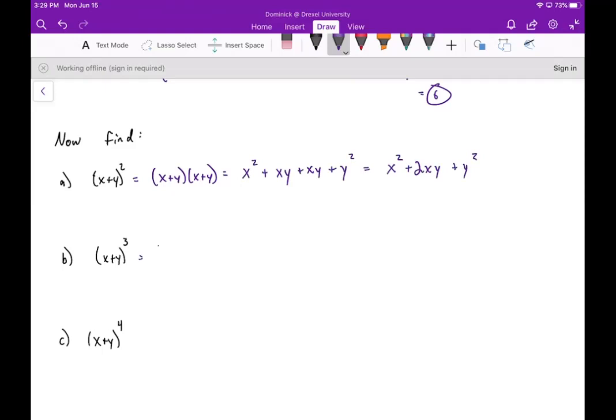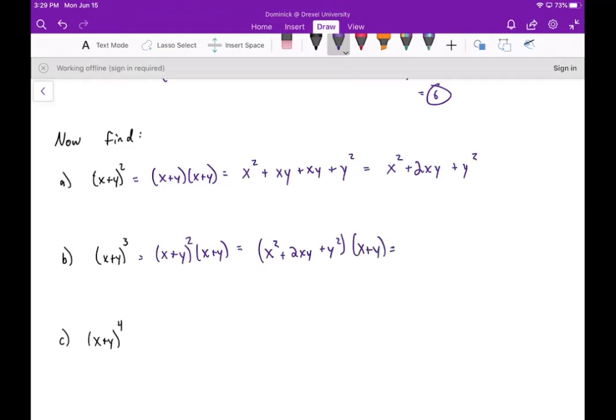If we do this for x plus y to the third, we can say this is x plus y squared times x plus y. We just found that x plus y squared was x squared plus 2xy plus y squared.